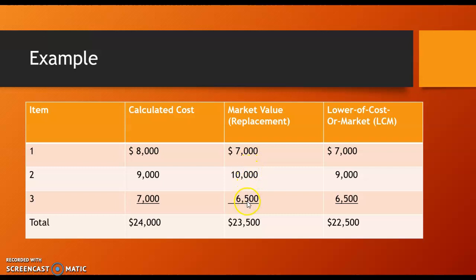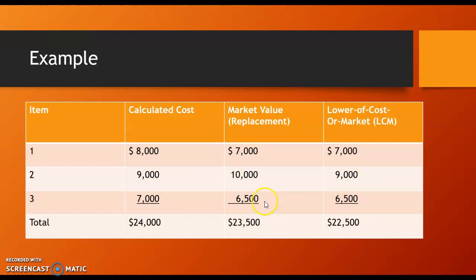If I total all these market values up, I get $23,500. Now, for the lower of cost or market, I can do this several ways. In this case, we're going to take the lower of cost or market for each category. So for the first category, we take whichever is lower, the cost of $8,000 or the replacement of $7,000. Well, the replacement or market of $7,000 is lower. For the second category, the cost is lower.